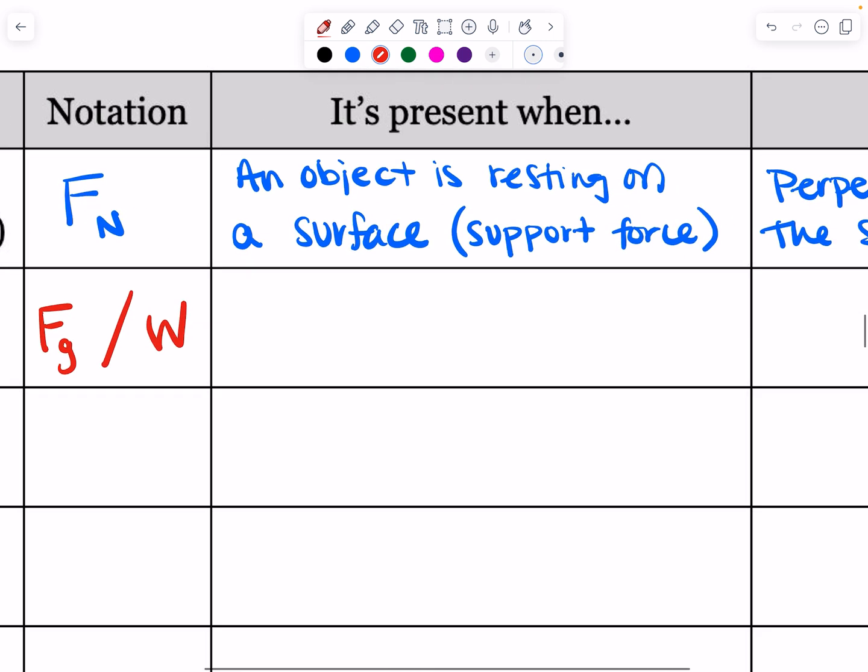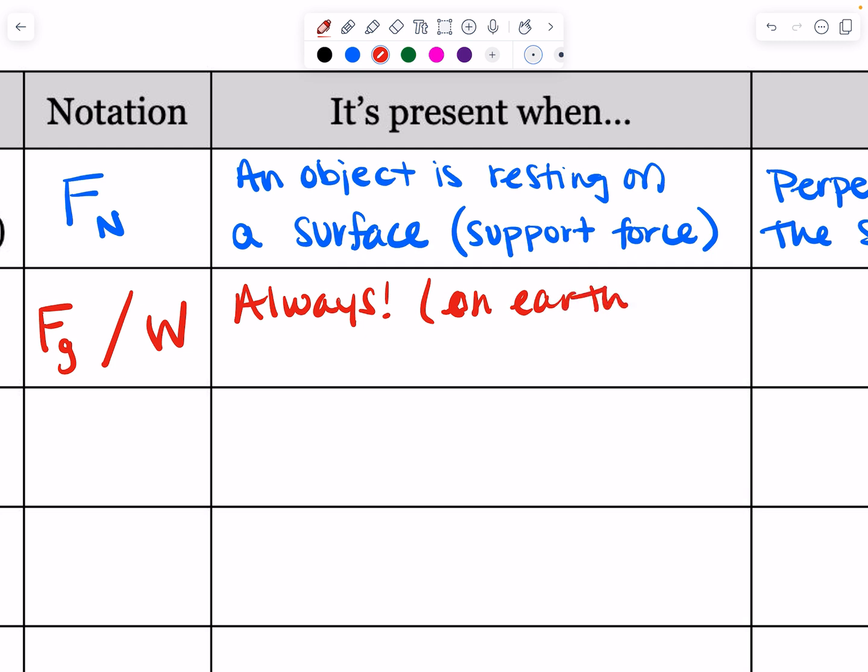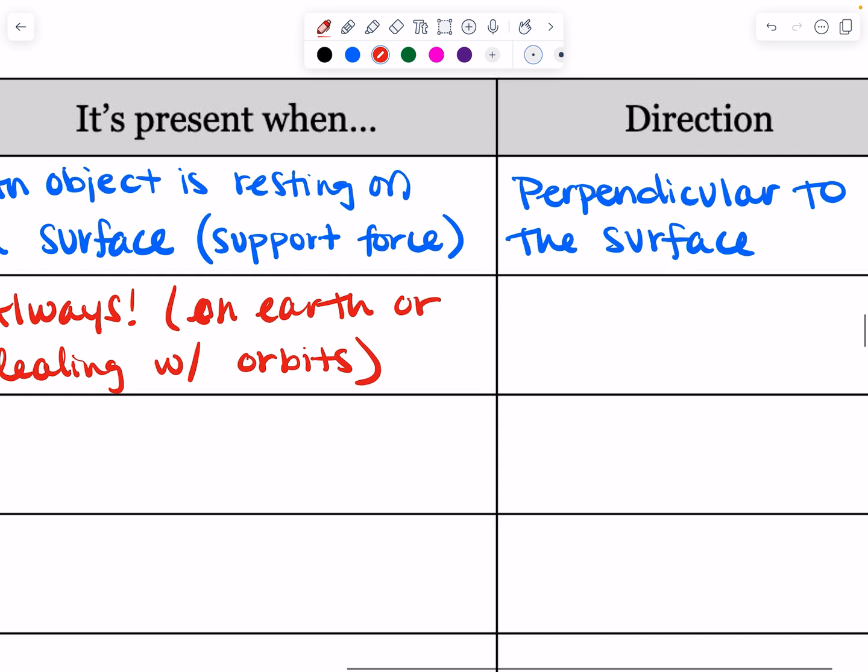It is present always when we're talking about something on Earth, it's going to experience a force of gravity, or dealing with orbits. We're going to see force of gravity come up. And it's always directed straight down towards the center of mass of the planet.